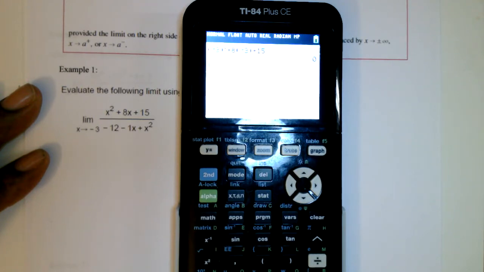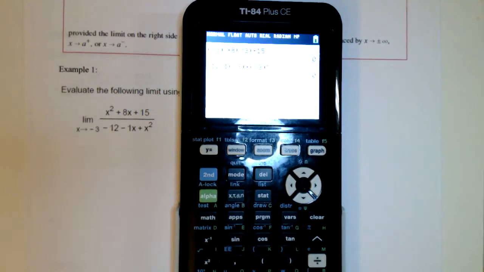As for the denominator, if I do -12 minus 1 times x, which is -3, plus -3 squared, I'm also going to get 0. So here I do have the indeterminate form of 0 over 0.